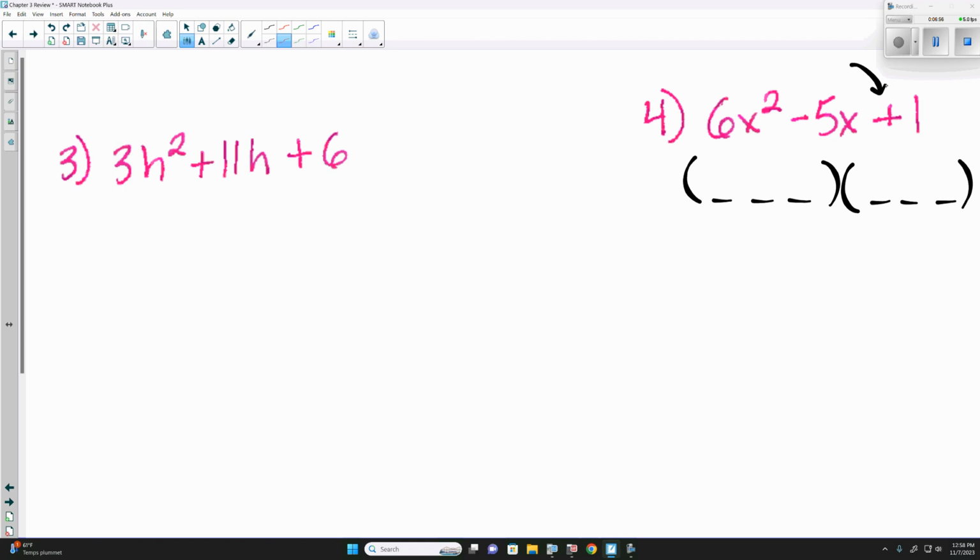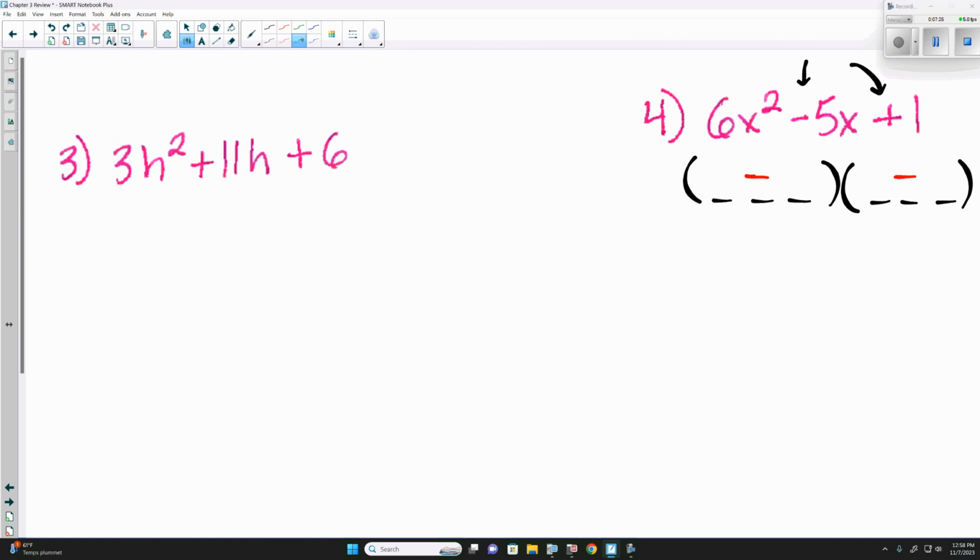So the signs are the same and match the sign of the middle term. If the third term is negative, our third term in this case is 1, then the signs would be opposite. Here it is positive, so the signs are the same and match the sign of the middle term, which is negative. So we have negative and negative. Our third term is going to be our constant term, term without a variable.